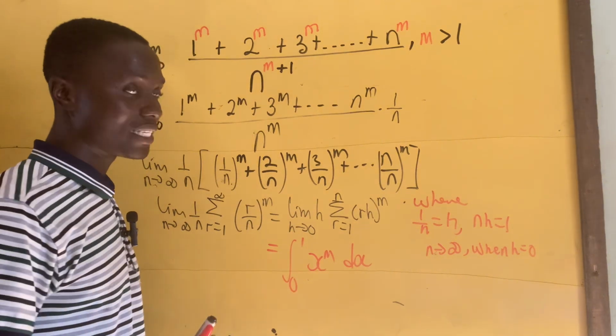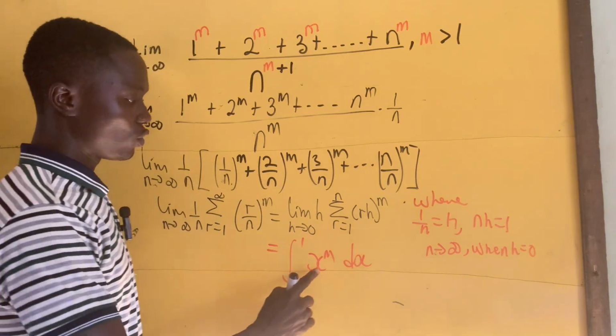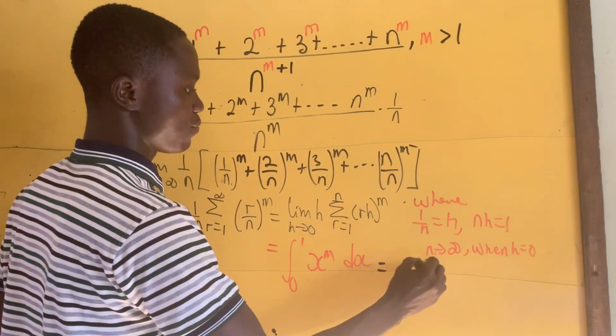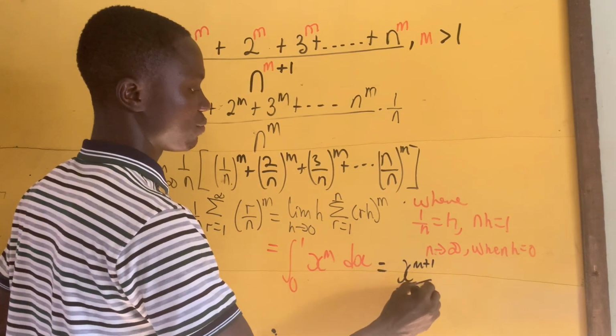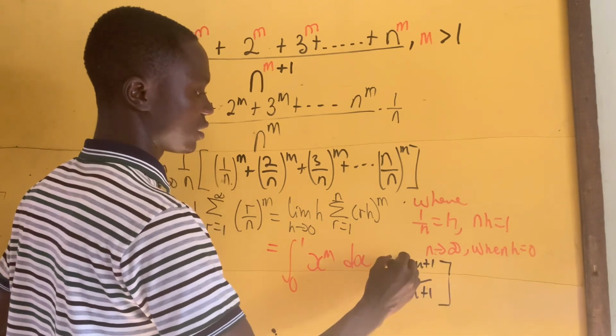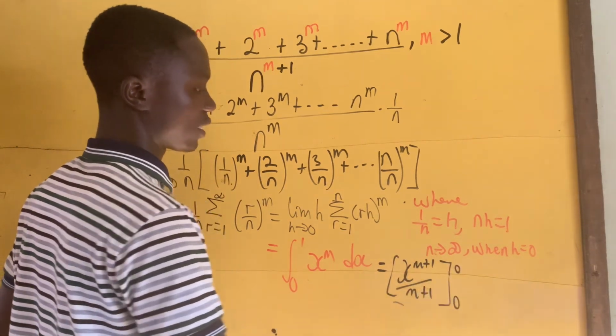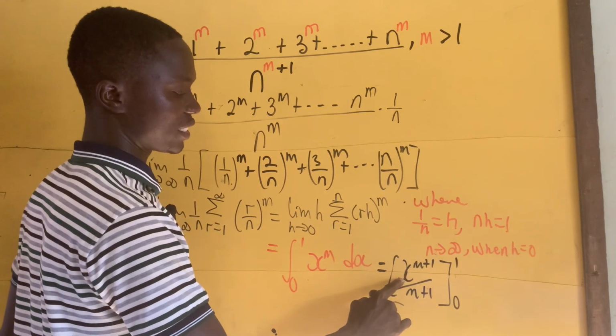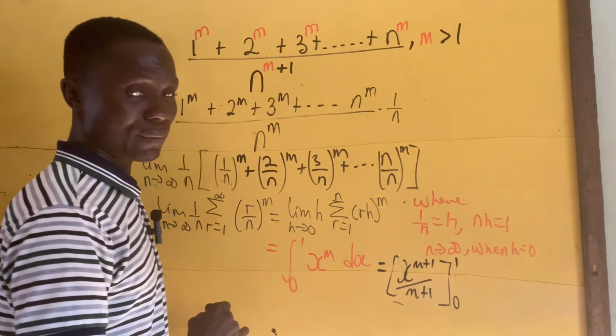So now we integrate this definite integral. Here, this becomes x power m plus 1 divided by m plus 1, and we bring the limits from 0 to 1. Now, if I put in 1 for x, what am I going to get?